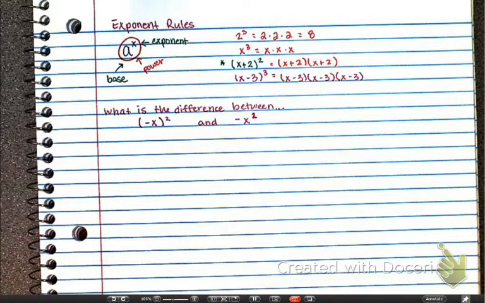What is the difference between negative x squared and negative x squared? Any guesses? Let's start there. I don't care if it's wrong. I just want to hear a thought process. Yeah? Yes, one will be negative and one will be positive. Which one will be which? The one in parentheses will be negative, so the other one's going to be positive?